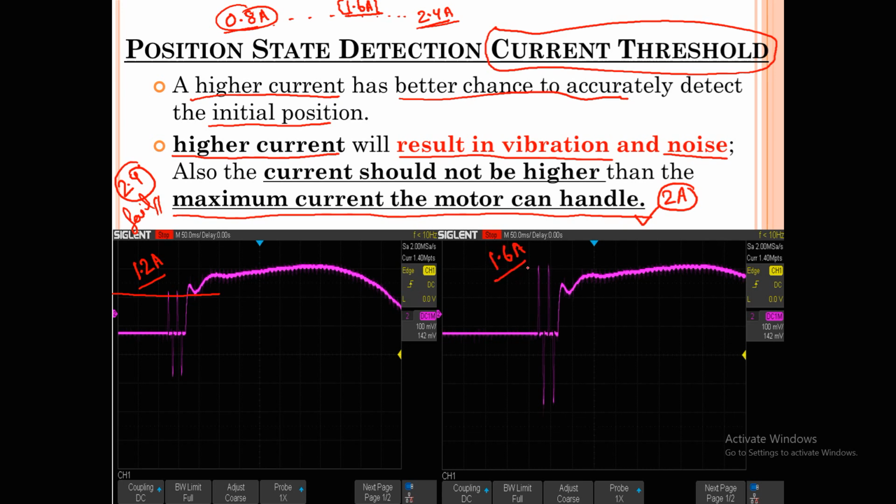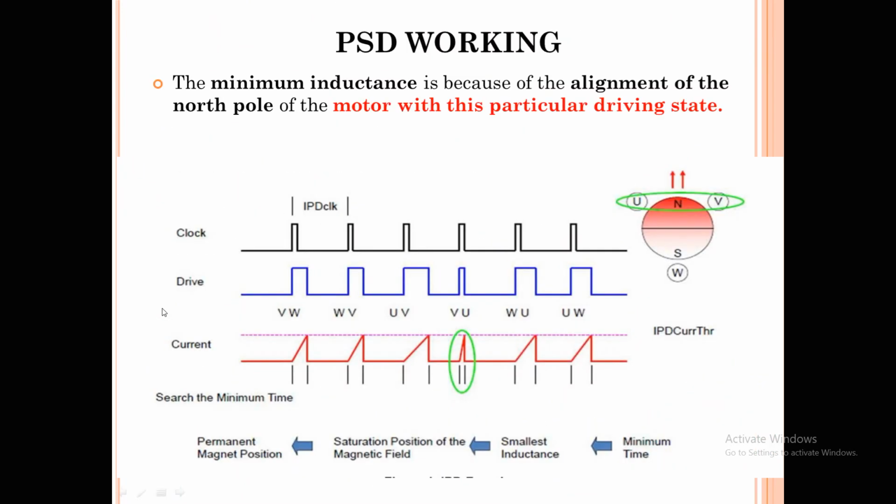As you can see, the amplitude of this particular graph, the height of the current, is 1.6 ampere, and the value of this other one is 1.2 ampere. As we have discussed in this point, this is the current threshold value that we have.